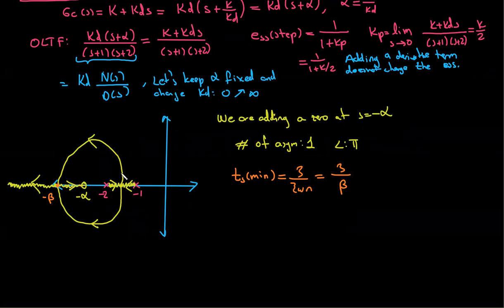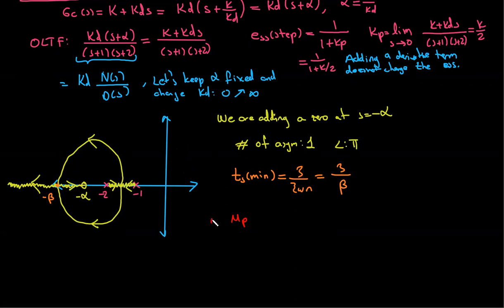Okay. And maybe I can also ask, for example, when does the maximum overshoot happen? For different k values, I have different overshoot, right? And it changes when KD is changing from 0 to infinity.